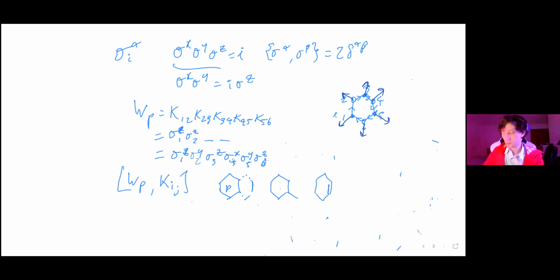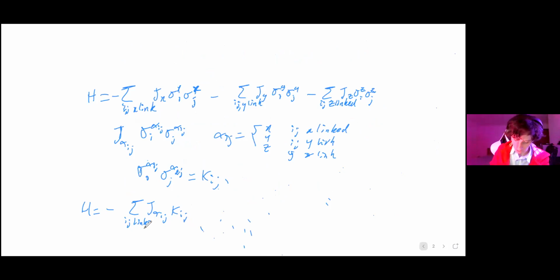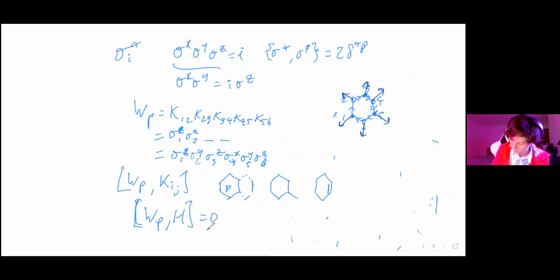Cases are listed in increasing difficulty, but none of them are that hard. So these all commute with the Kij, which means they commute with the Hamiltonian, because the Hamiltonian can be defined in terms of the Kij's.